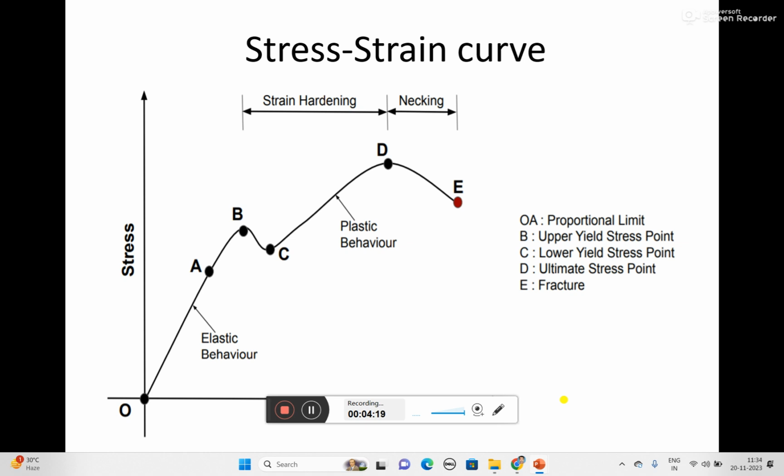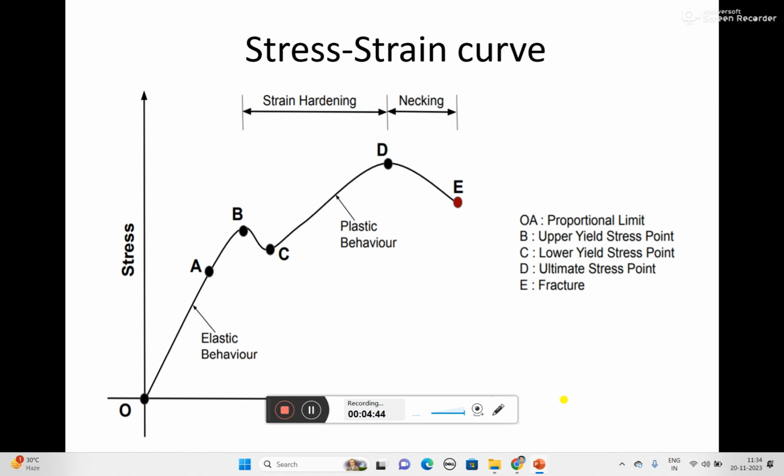By that we can perform tensile tests, compressive tests, and shear tests also. In today's topic, we'll mainly discuss the different zones and different points in the stress strain curve.